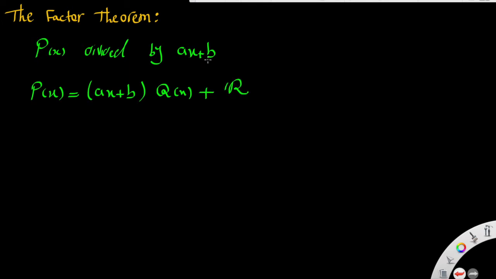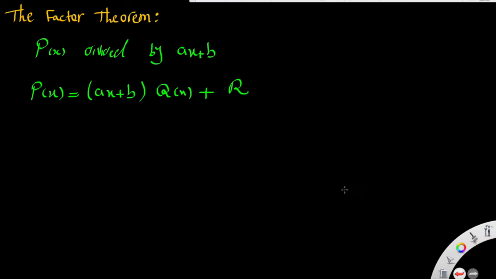We know that the degree of the remainder is always less than the degree of the divisor. The divisor is a linear expression, so less than linear in degree will be a constant number, which is denoted by r as the remainder.